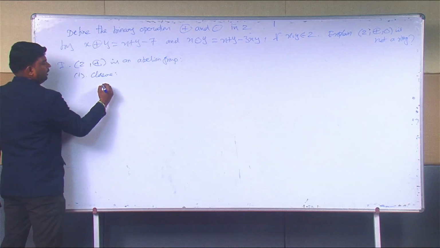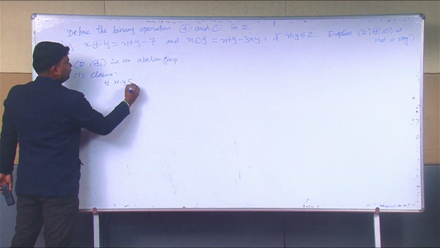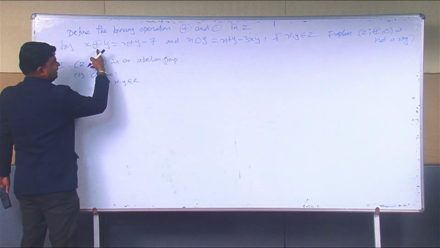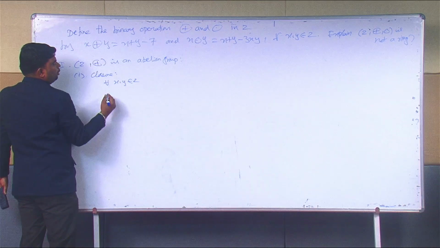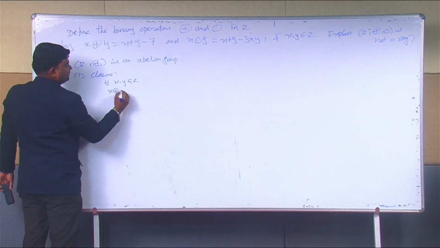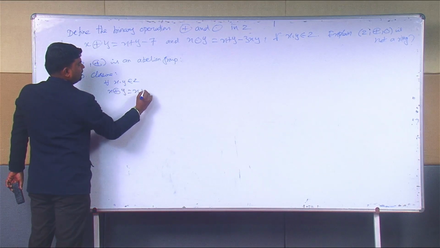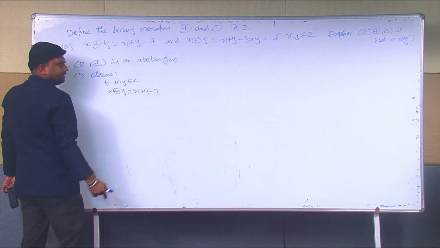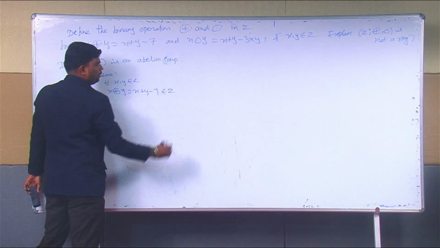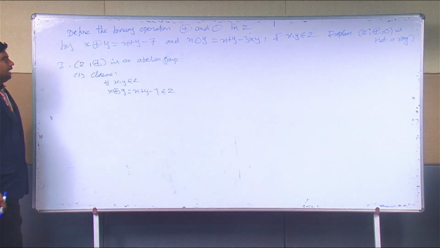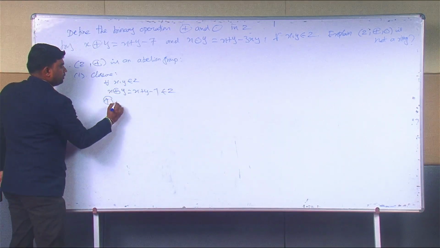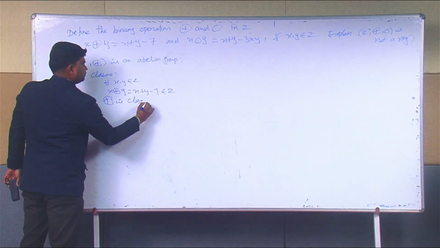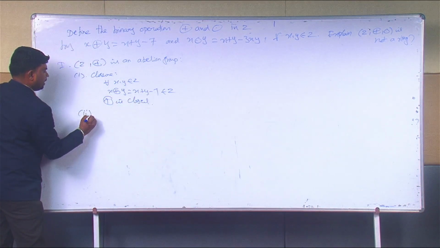Closure: for every x, y belongs to Z, by the definition of addition modulo, x addition modulo y is equal to x plus y minus 7. So clearly it is an integer, so it belongs to Z. Therefore addition modulo is closed. And the second axiom, associative.